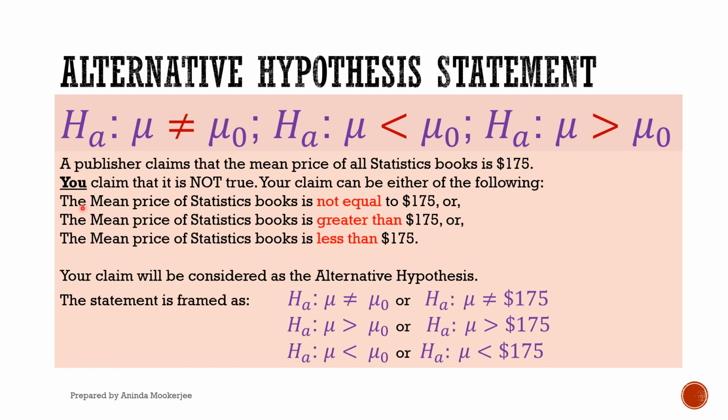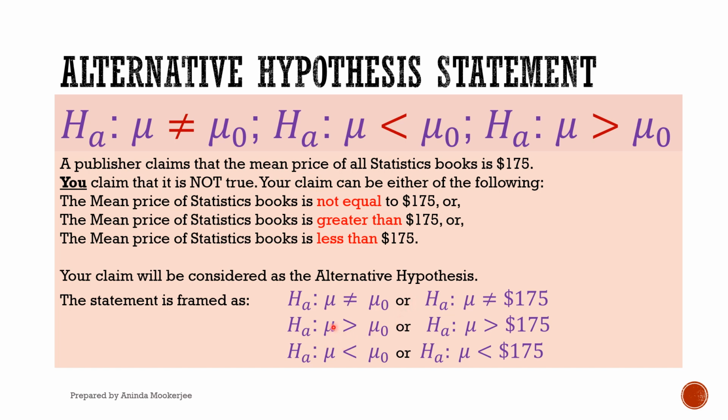One, you can say the mean price of statistics books is not equal to $175, or you can say the mean price of statistics books is greater than $175, or the mean price of statistics books is less than $175.